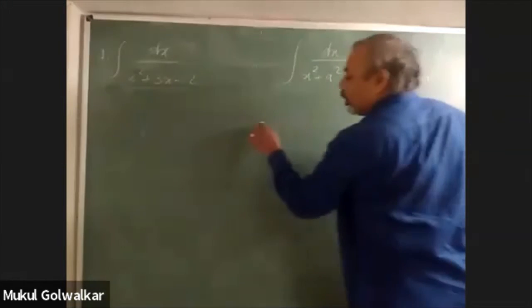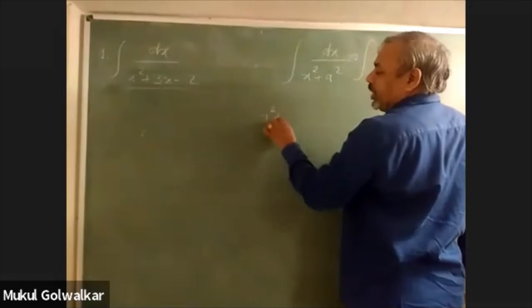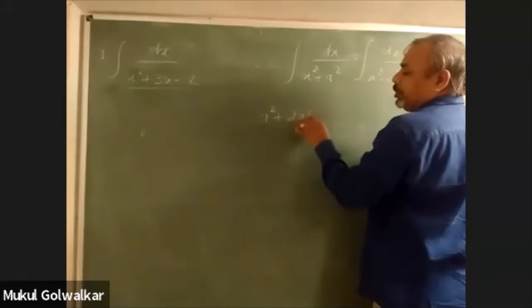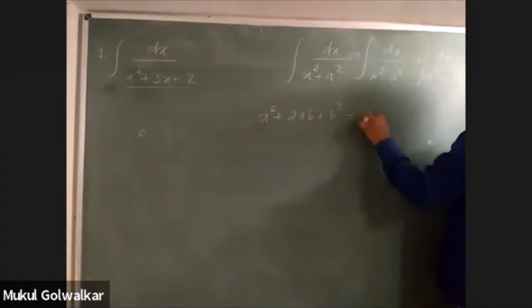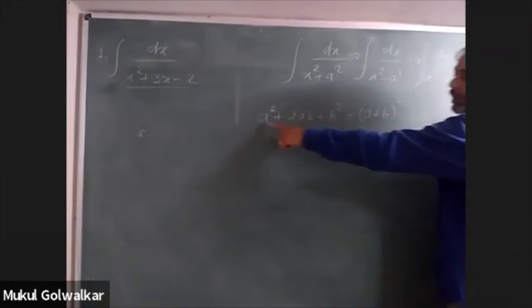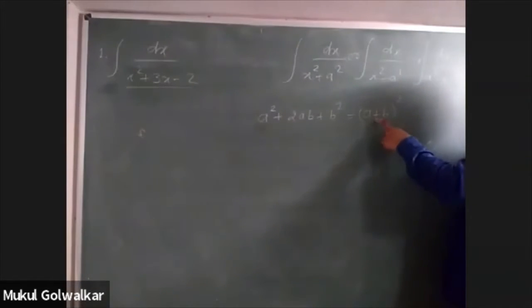Here, suppose I write the three terms a square plus 2ab plus b square. These three terms can be written in the form of a plus b, the whole square. We can say these three terms form the perfect square of the single term a plus b.